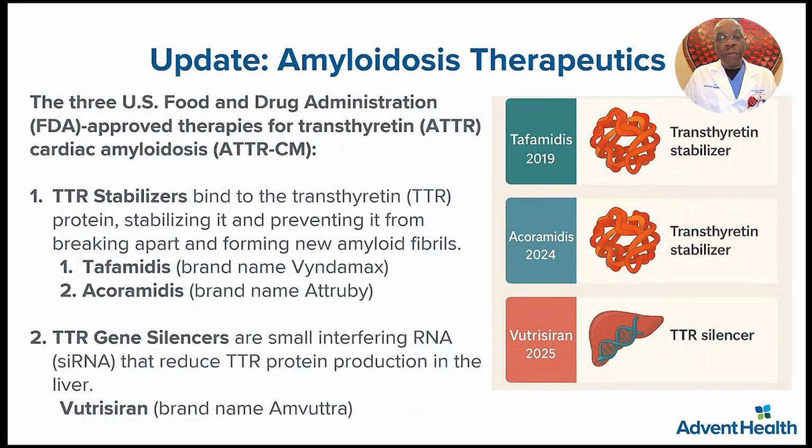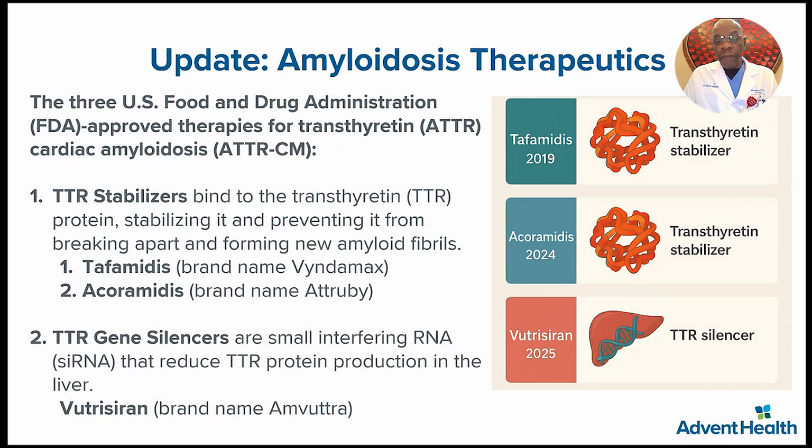Another update in treatment is in the amyloidosis therapeutics. We currently have 3 agents. The first agent that was approved was tafamidis in 2019. This is a transthyretin stabilizer. In 2024, acoramidis was also approved. It too is a transthyretin stabilizer.